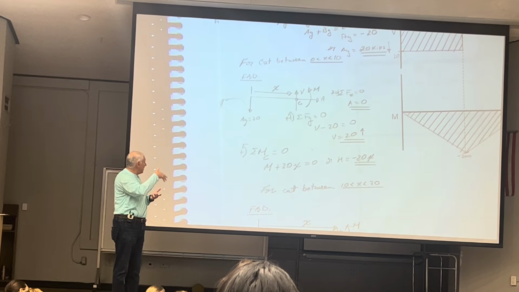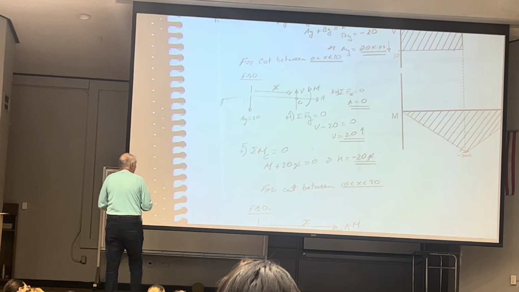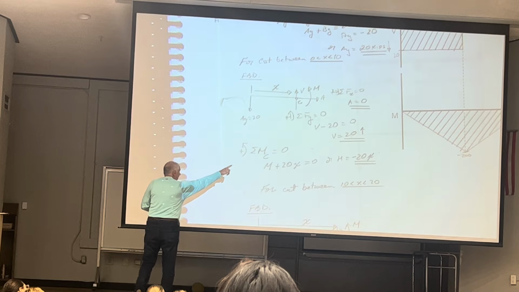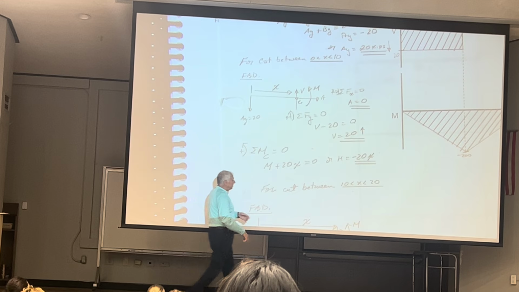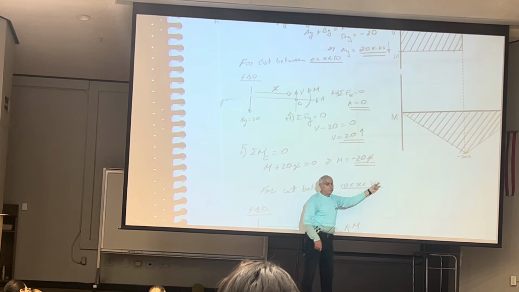Then you've got the A, B, and C, and I really don't care about the A, but I threw it in there because all I want to do is draw the shear and the bending. Notice V is 20. M is equal to minus 20 times X. Well, that's the equation of the line with the y-intercept being 0. There's your slope.